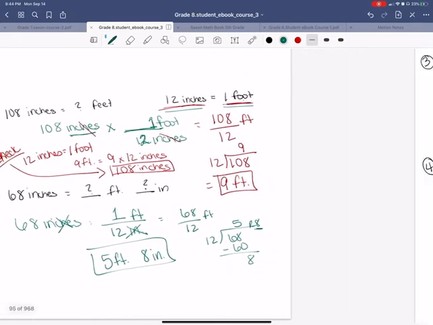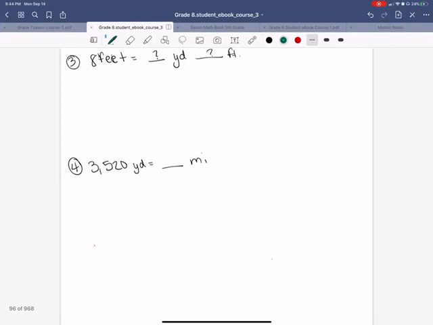Let's look at number 3. We have 8 feet equal how many yards and how many feet. We know that 3 feet equals 1 yard. That's what we use, right? And we want to get rid of feet.